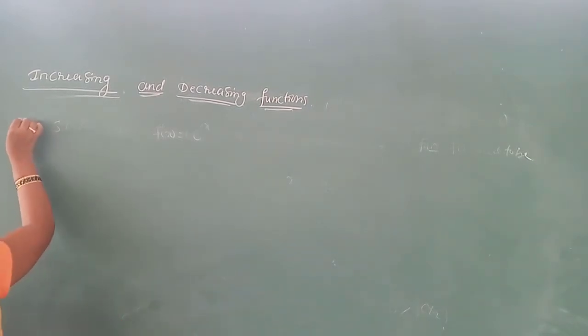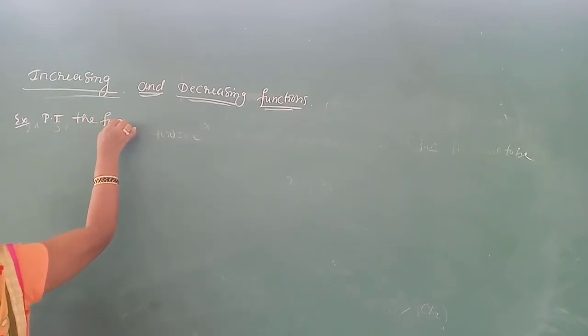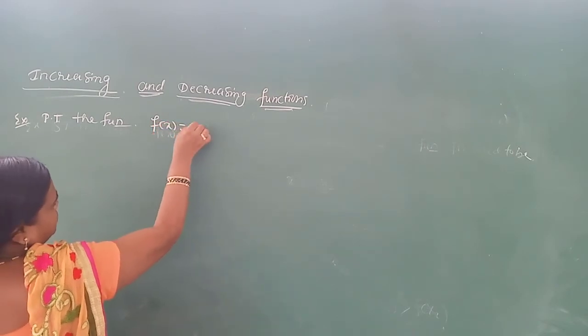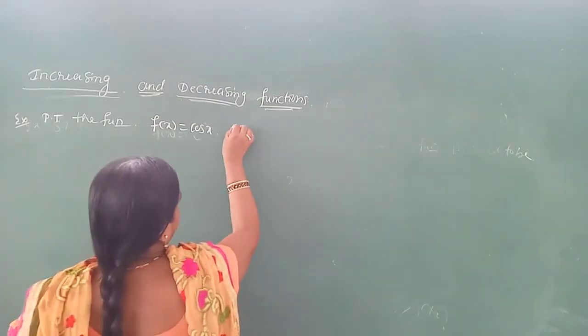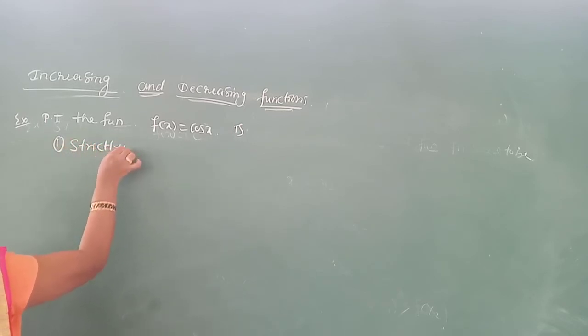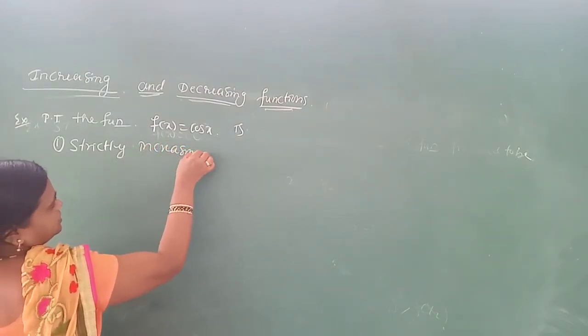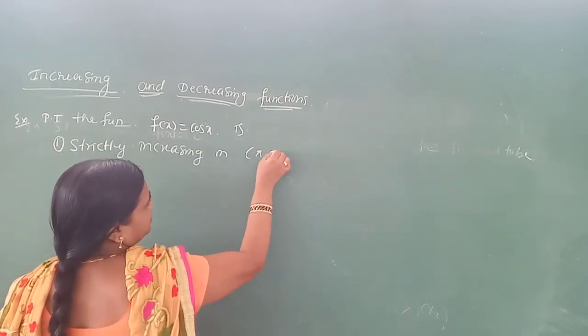Prove that the function f of x is cos x. f of x is cos x. First point mentioned: strictly increasing in pi to 2 pi.